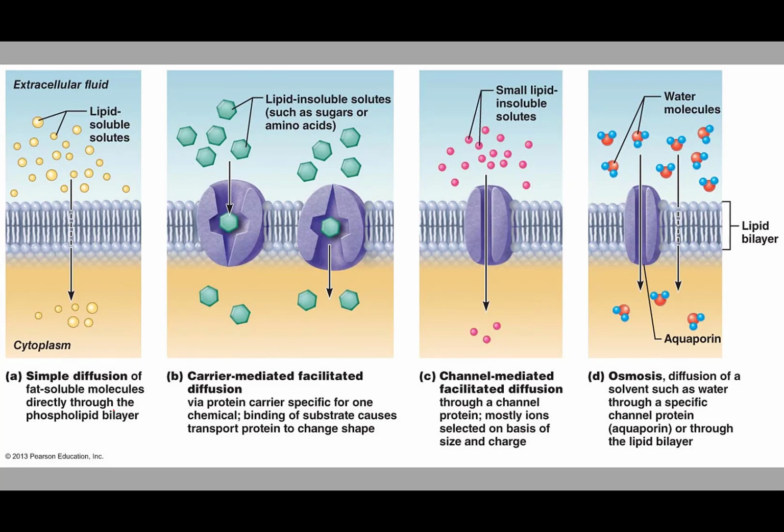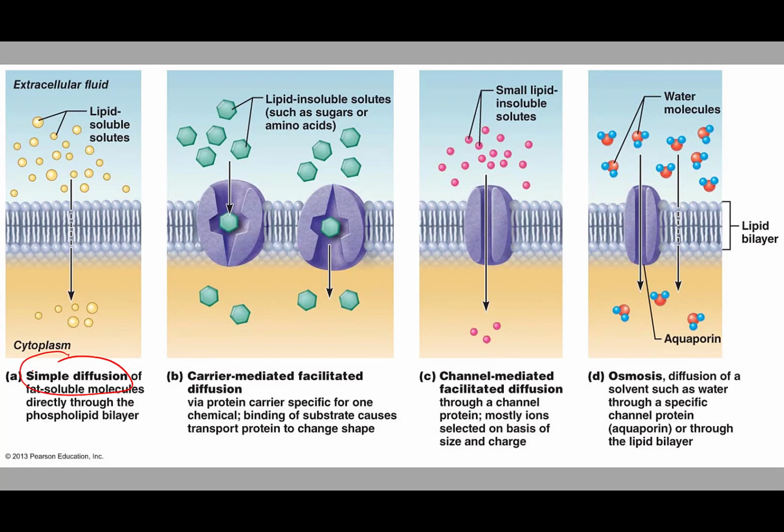So here are some different ways that substances can cross the cell membrane. These, we say, are types of diffusion. First, simple diffusion. The basic type of diffusion, we say something moves from an area of high concentration to a low concentration, down its concentration gradient.